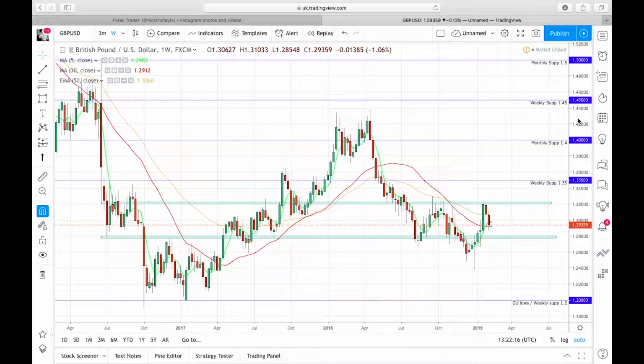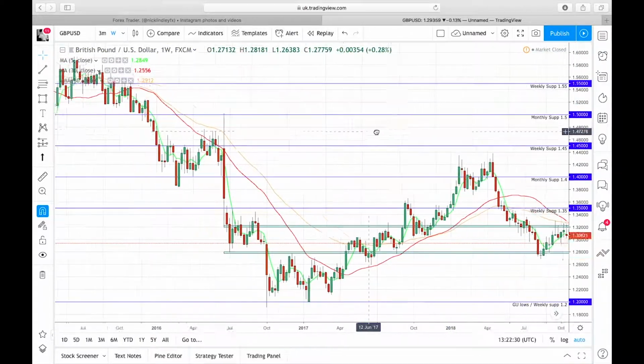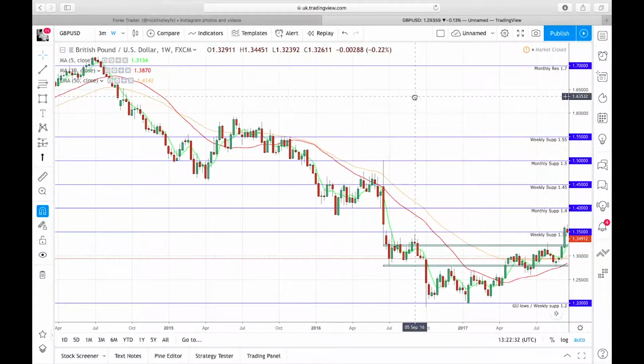Now I'm actually going to start on this pair on the weekly time frame. We've been very bearish for a long time, especially since Brexit was announced. We've just been collapsing in price until eventually it looked like all the bears were out of steam.